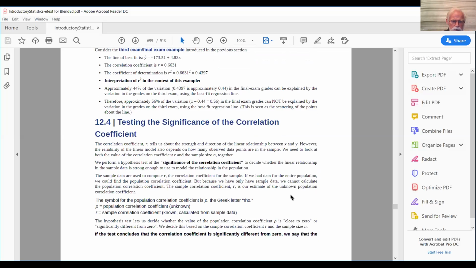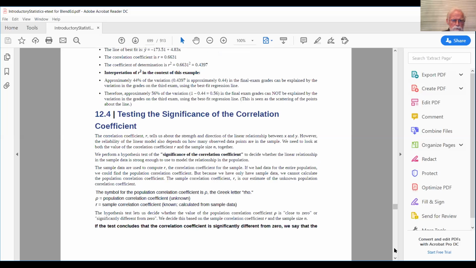So we have a way of looking at that. We can look at the correlation coefficient and say there is a relationship, but how strong it is and how much of it is explained goes a bit further than this course has been going.